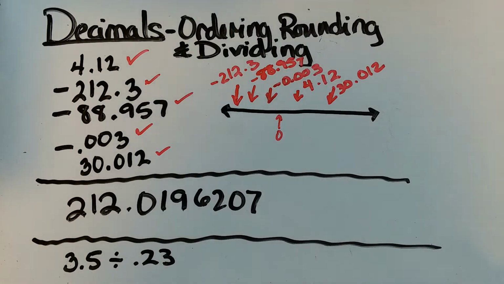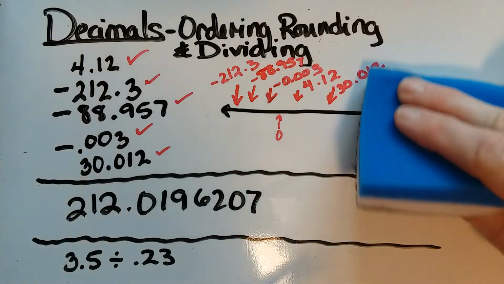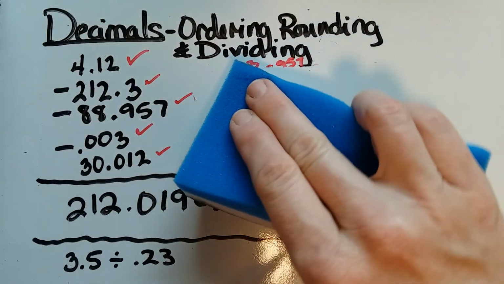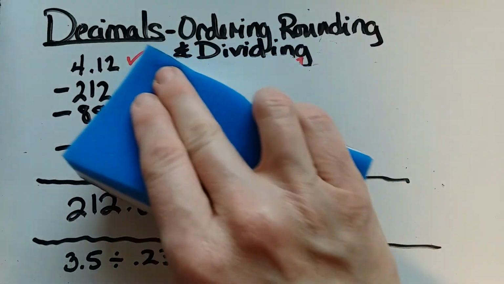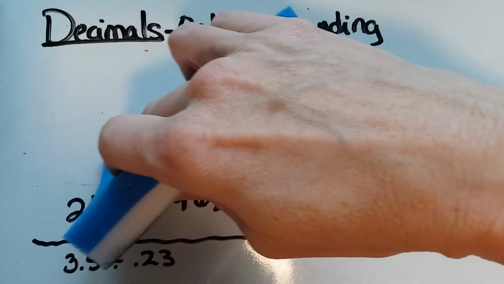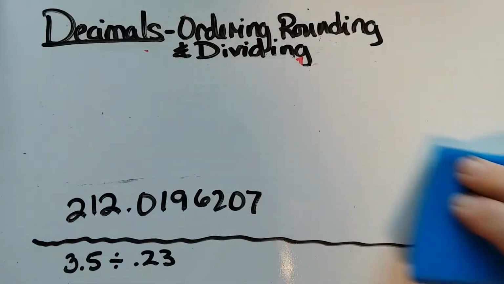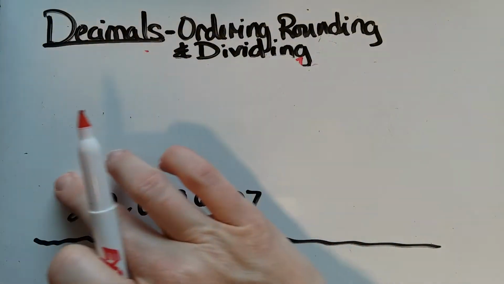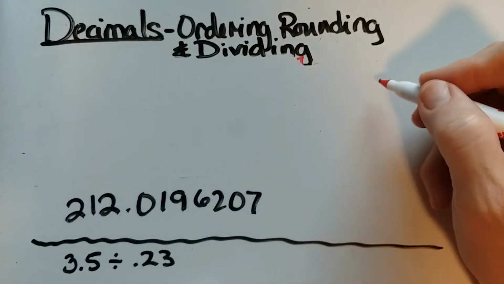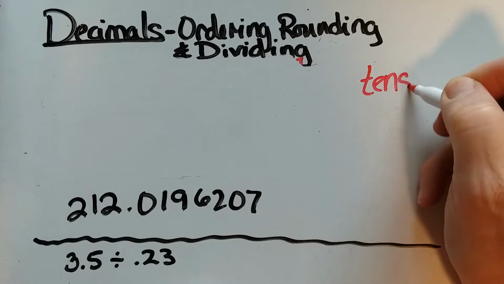Place value, again, is going to be very important with regard to rounding. And so let's just look at this one number, and we'll round it several different ways. Okay, all right, so let's round this to the tens place.